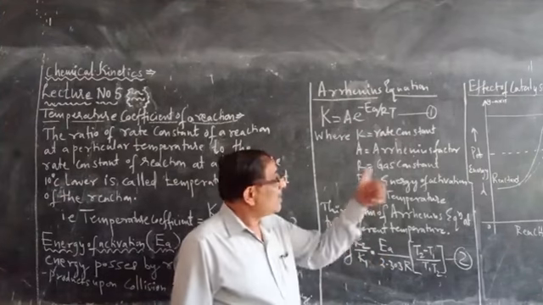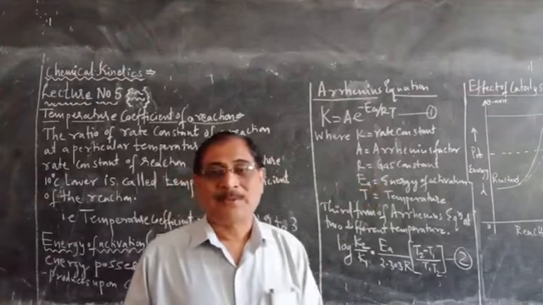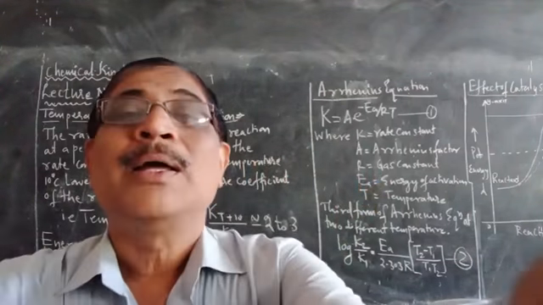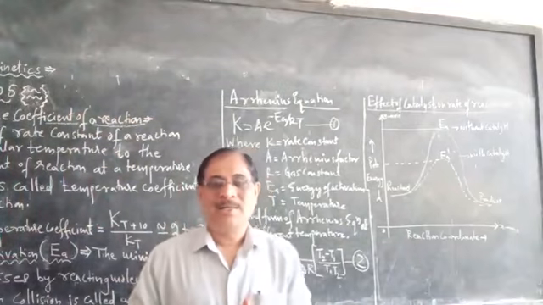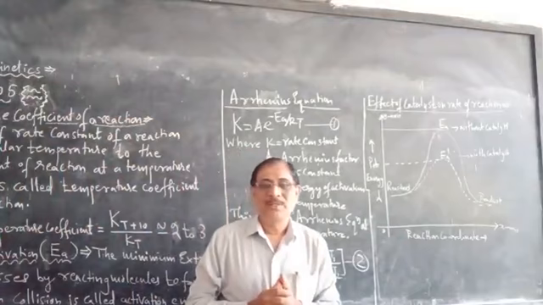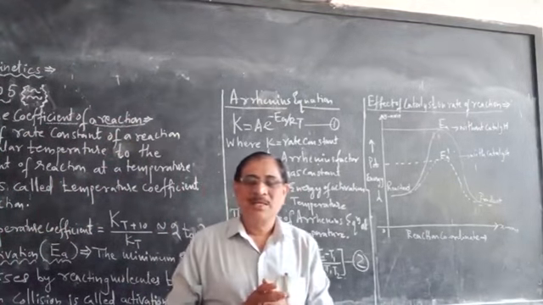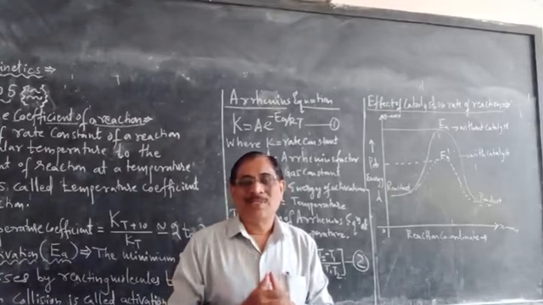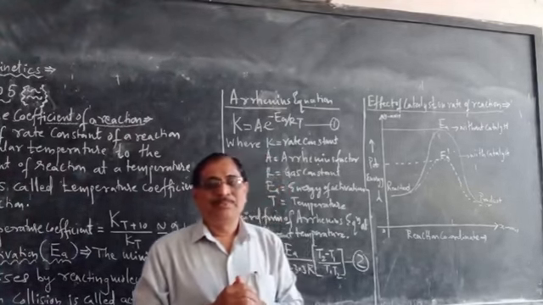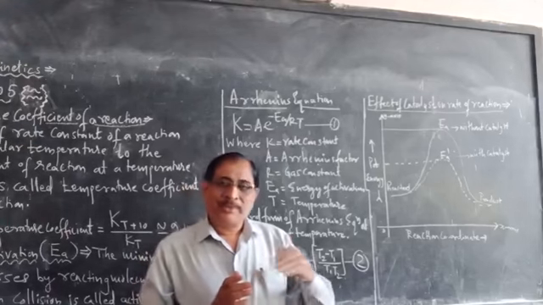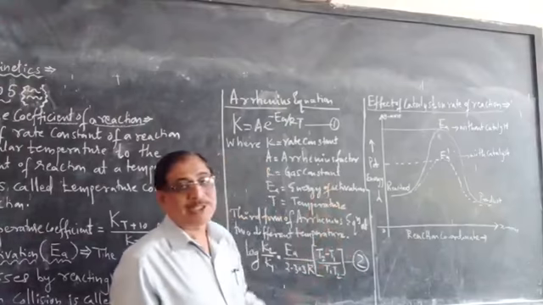Last one is the effect of catalyst on the rate of a reaction. What is a catalyst? A catalyst is the substance which, when added in the reaction, increases the rate or velocity of a chemical reaction. Now, without adding catalyst and with adding catalyst, a graphical representation is given.